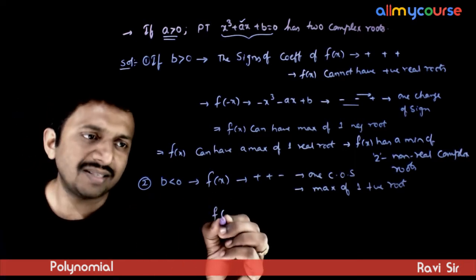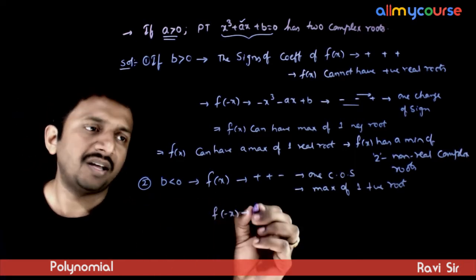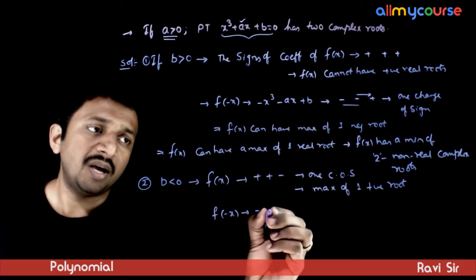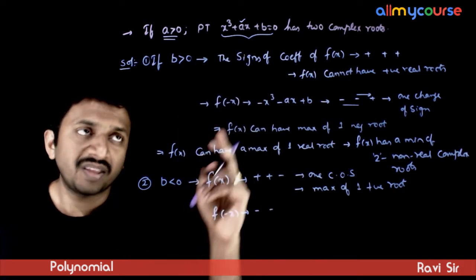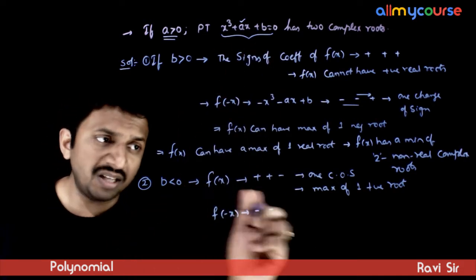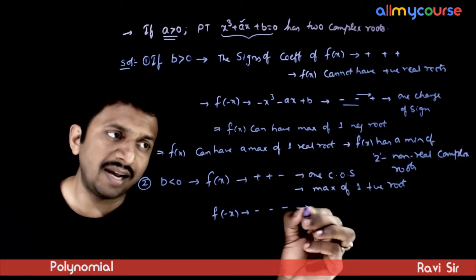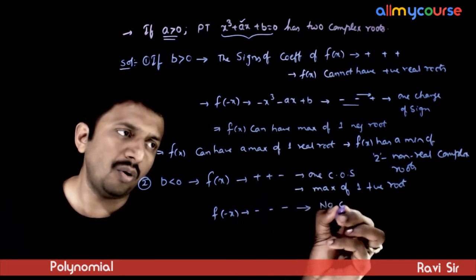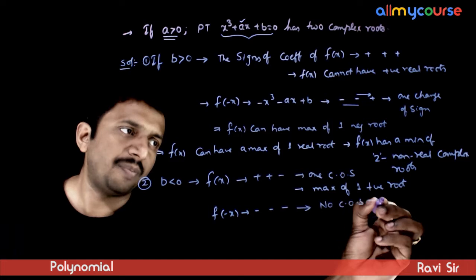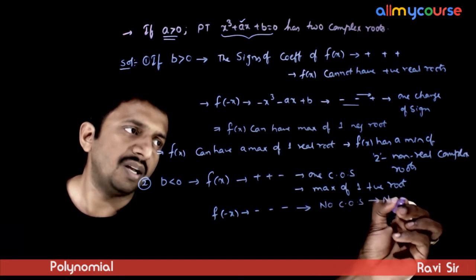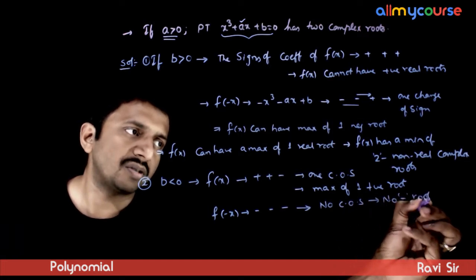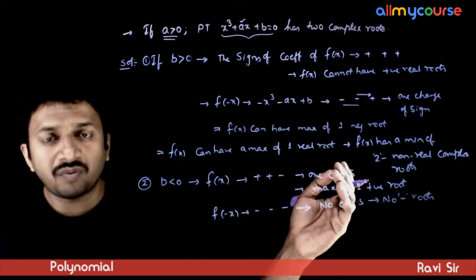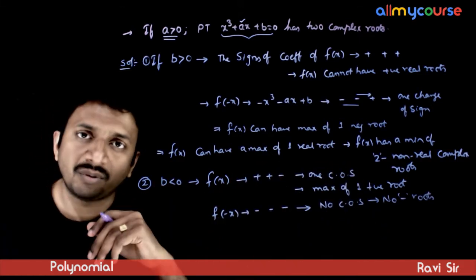Now f of minus x is nothing but minus x cube minus ax plus b, but b is negative, so you have all negative signs. So no change of sign. This implies no negative roots. So we have a maximum of one positive root and no negative roots.